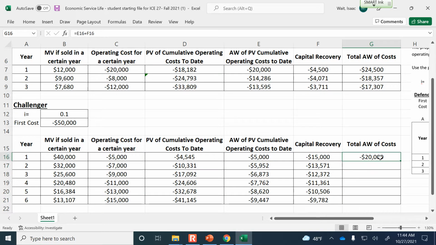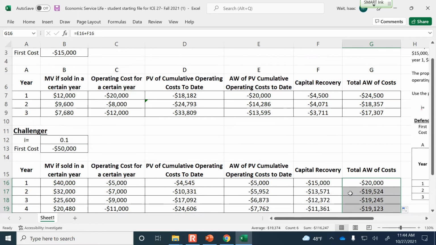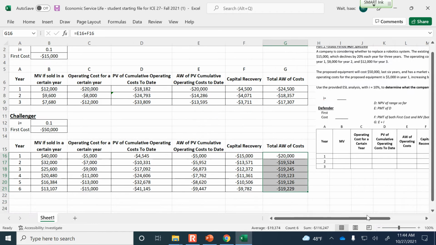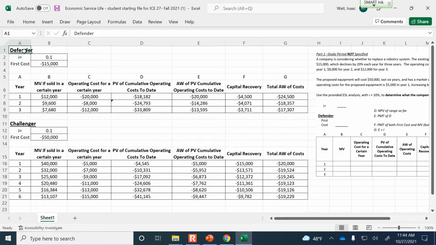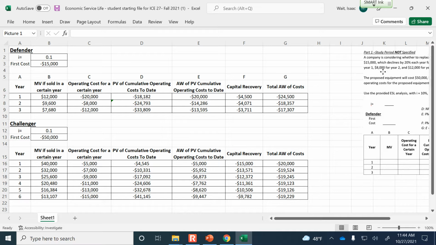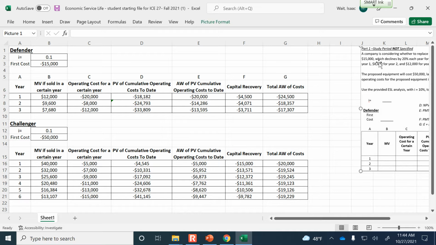All right. So now let's take a look at what our two options are. Our two options are to keep the equipment we already own. Should we keep the Defender or should we buy the Challenger? Our overall decision criteria is we want to choose the option that gives us the lowest total annual worth of costs. So we look at all of these and we find out which one is the lowest. Here it is, lowest.